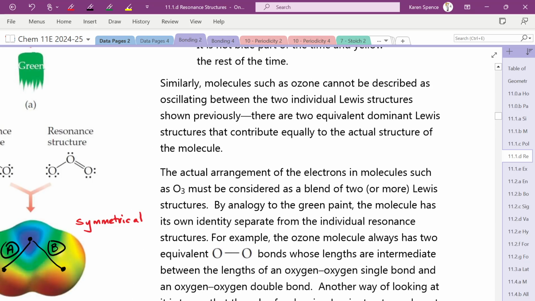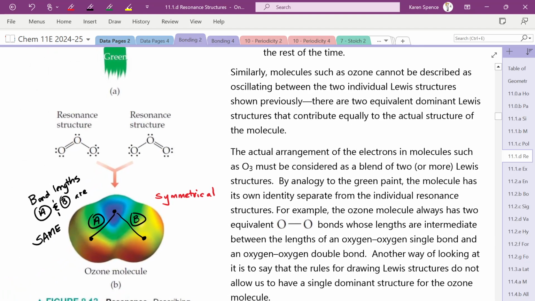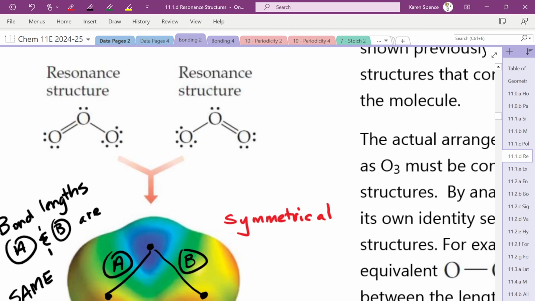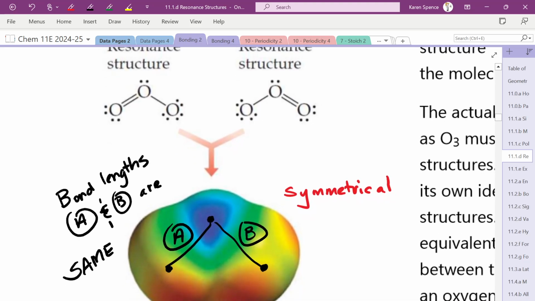Okay, so basically what we've got is the bond lengths are the same. On the left-hand side, we have a double bond and a single bond. What's the average of 2 and 1? 1.5. So that is really a 1 and a half bond. If one is technically 1 and the other is 2, they average out to 1.5.